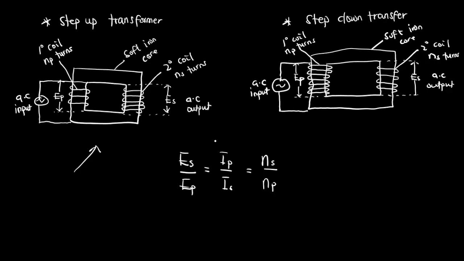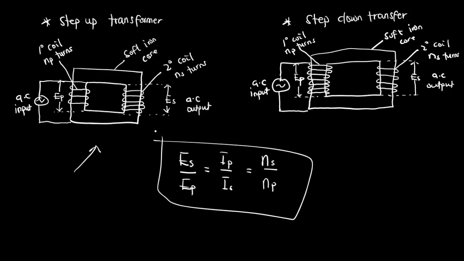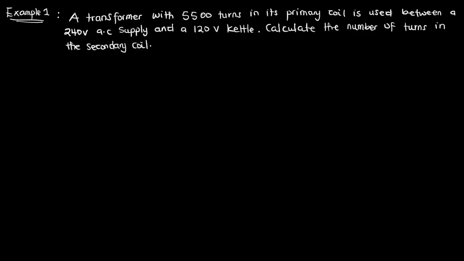This expression, we can use this side as 1, this side as 1, and then just this and this also as 1, right? So we can get all our formulas from here. So now that we know this expression, let's go ahead and have some fun solving some problems on transformers.